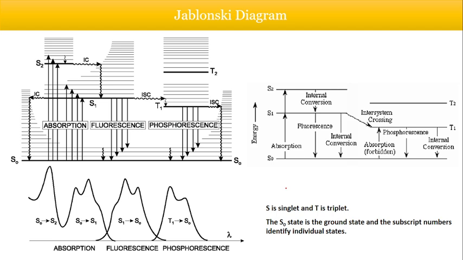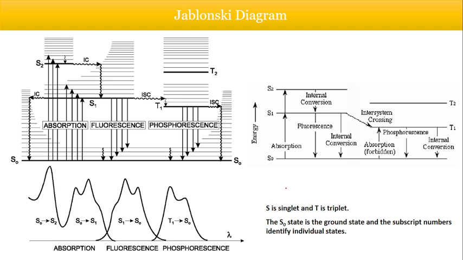So we know that the electrons are mostly populated in the ground state level unless they are excited to higher levels. When the electrons are excited from the ground state level, they move to the higher levels. Now we have the ground state level as S0, then we have other levels like S1, S2, and T1, T2.